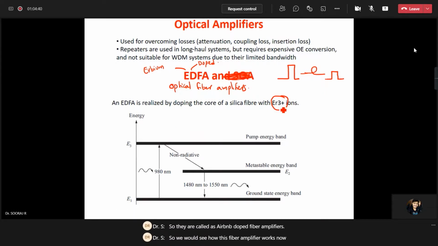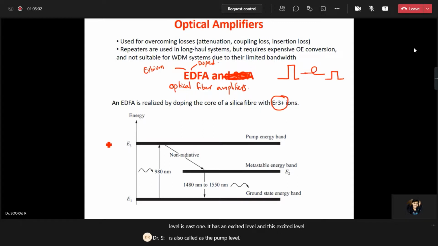Now, if you look at the energy levels of erbium, you know that the erbium atom has a ground level. So let's say that the ground level is E1. It has an excited level, and this excited level is also called the pump level.